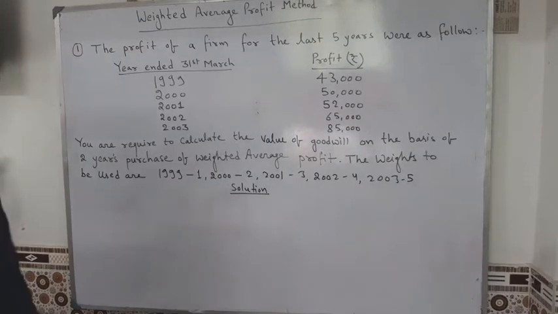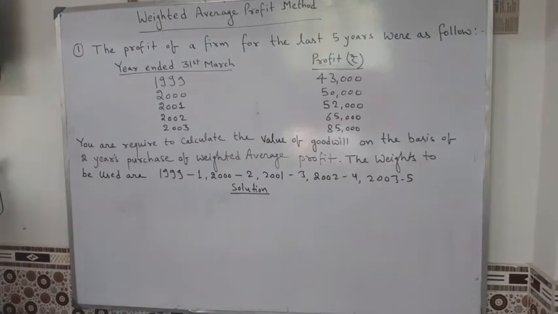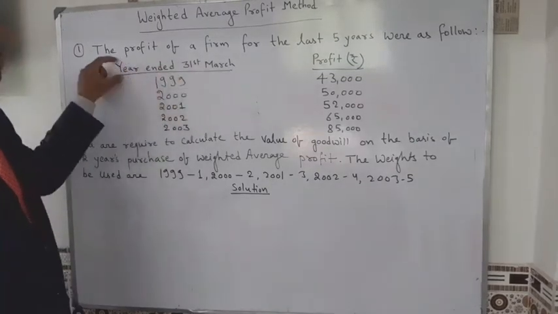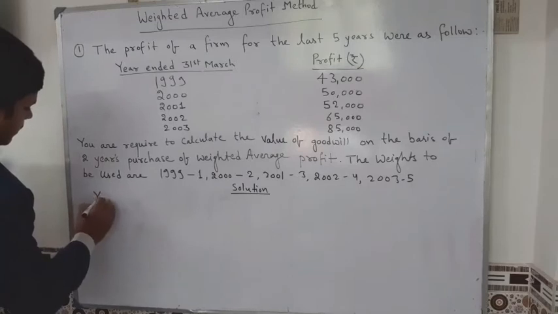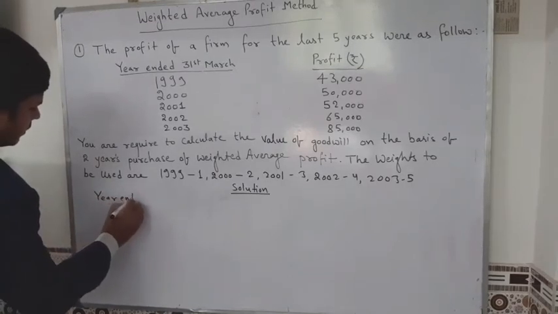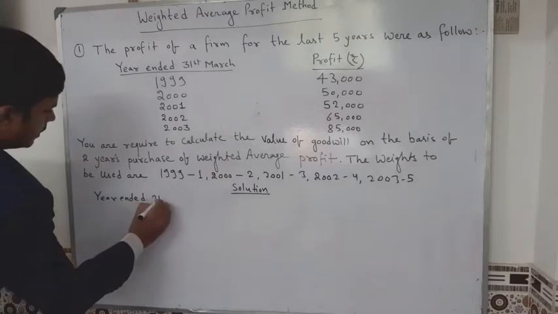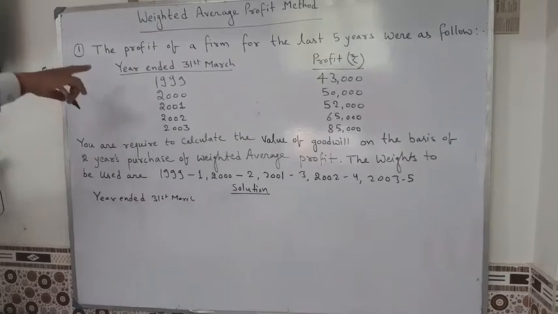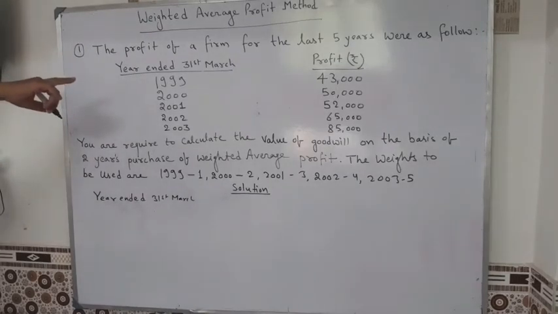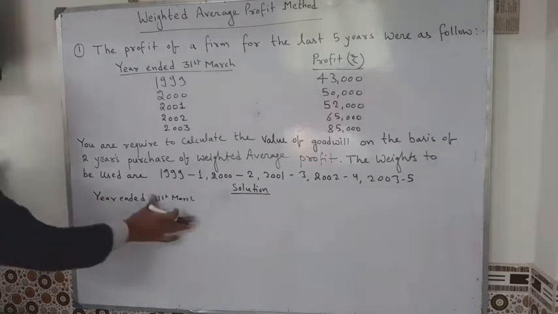How will you solve this problem? Today I am going to tell you. Please see the question. Here it is written: year ended 31st March. Just copy and paste it here. Year ended 31st March is given. Here you will write year ended 31st March.